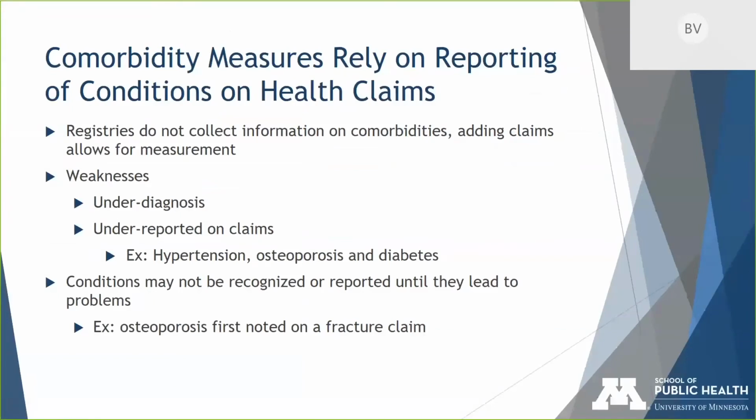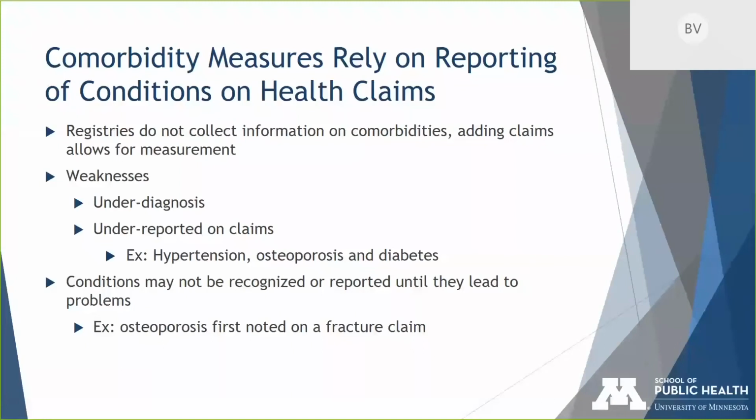However, anything that's underdiagnosed, where maybe the patient has it but has never been officially diagnosed by a healthcare practitioner, or something they were diagnosed with but hasn't been reported on their claims because it's not necessary for payment, or it may fall off because other conditions are more important, just doesn't show up. So hypertension, osteoporosis, and diabetes all tend to be underreported on claims, even though there's evidence that the patient has it.